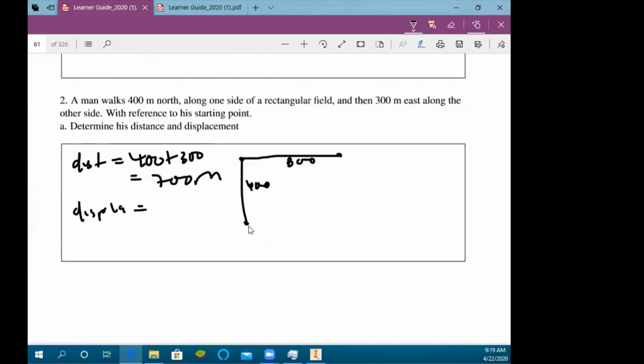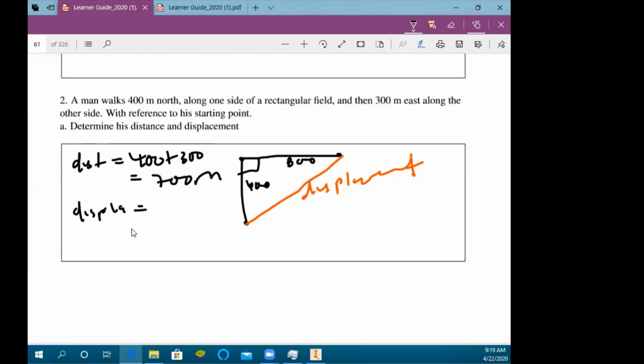The displacement is from here to there. There's another color here. This is the displacement, right? Yes. This is the displacement. Okay. So we can use Pythagoras theorem, right? Yes. Perfect, because this is a right angle.